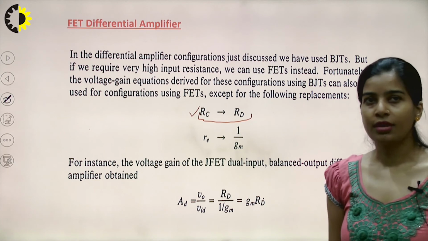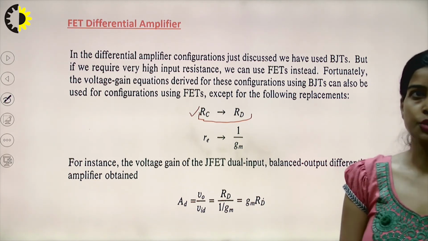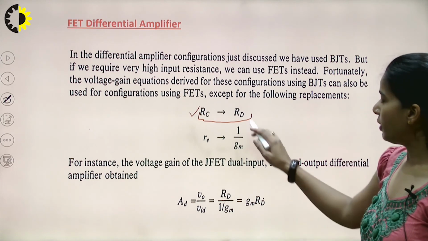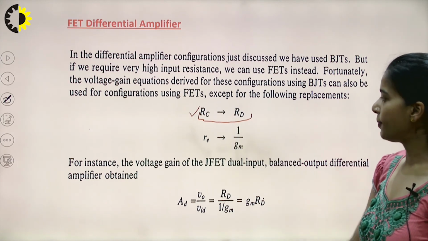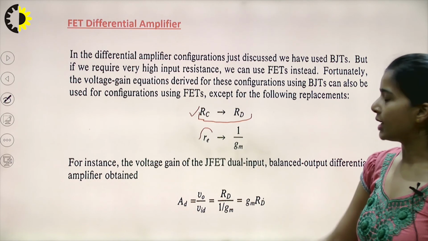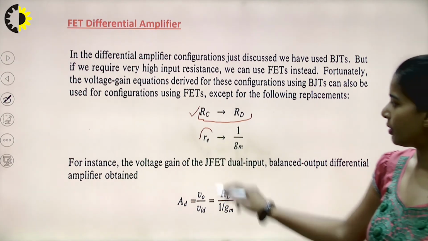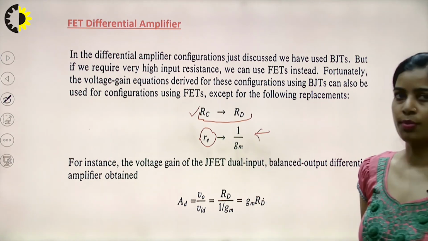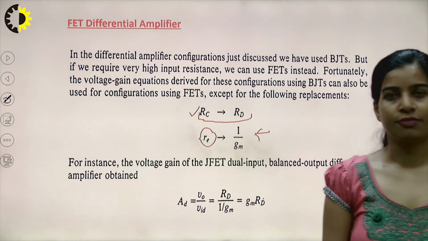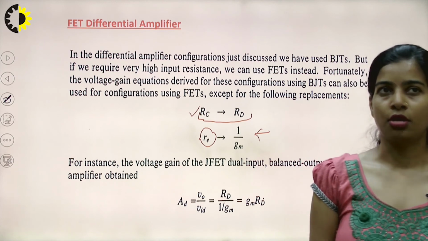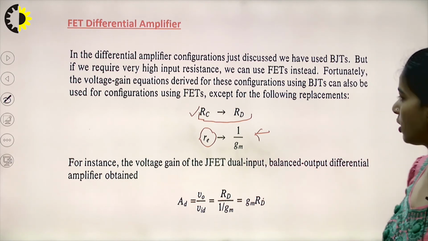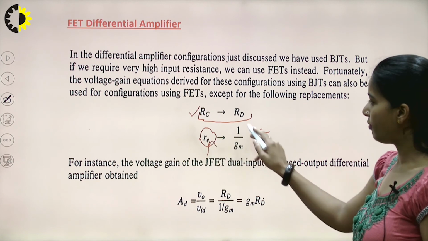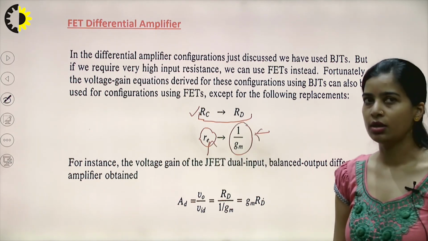Wherever we have written RC in the expressions of the differential amplifier using BJT, we will replace RC with RD, and the small signal model resistance re will be replaced by 1 upon gm, because if we compare the small signal model of FET and the small signal model of BJT, we find that in place of re in FET we have the term 1 upon gm.